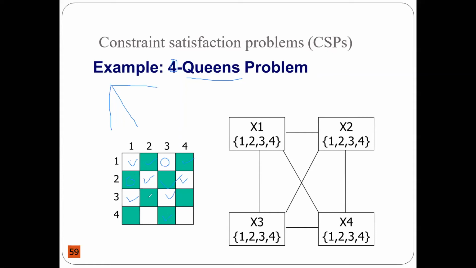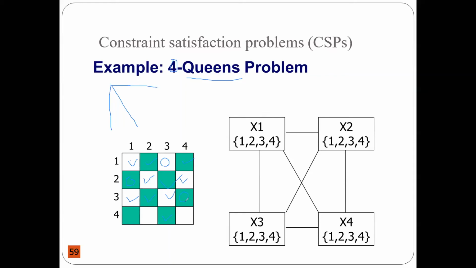Then we check vertical, there is no problem, and diagonally all the constraints are satisfied for this location. Suppose we take the third row, we can place the queen here.